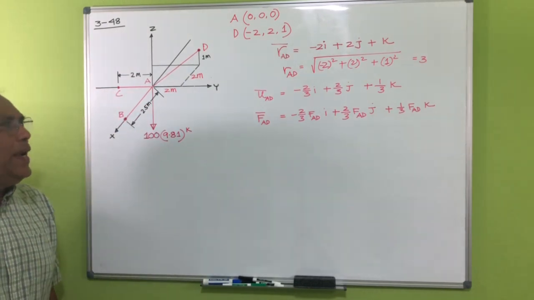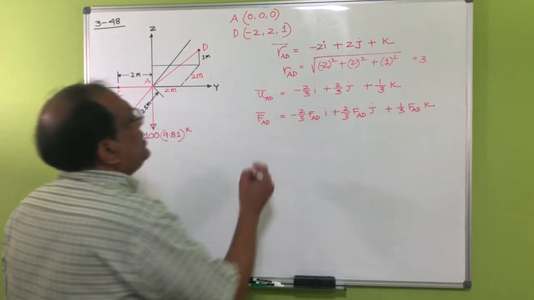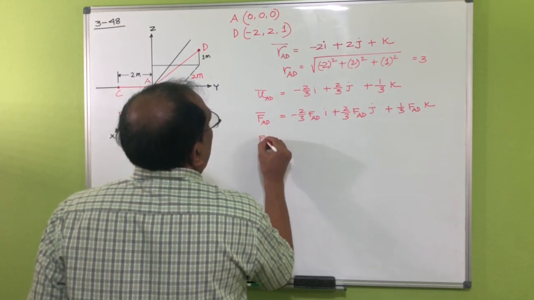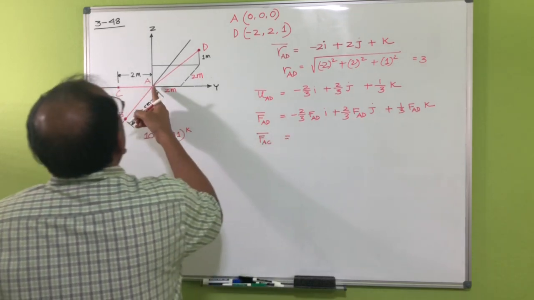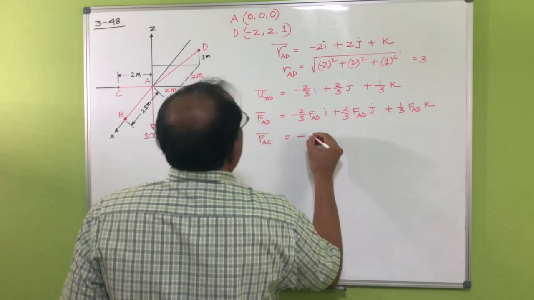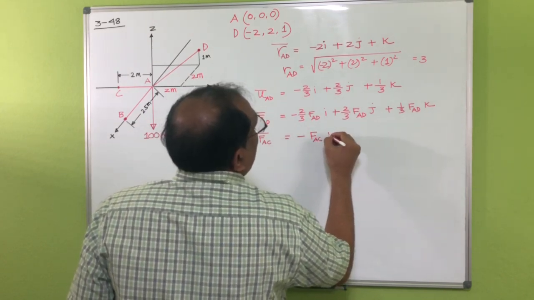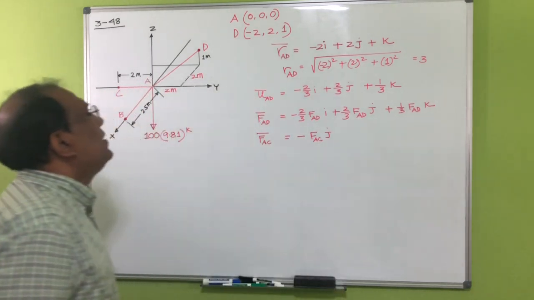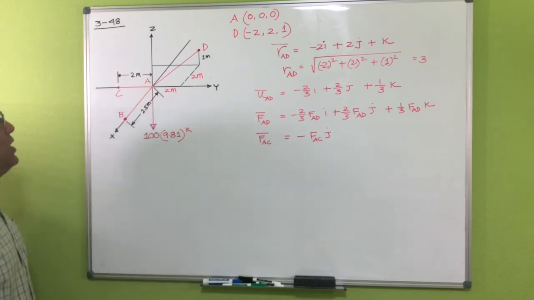Now I can also write the force vector for AC, which is from A to C in the negative direction. So this one is minus FAC J, because this one has only a y component in this direction.